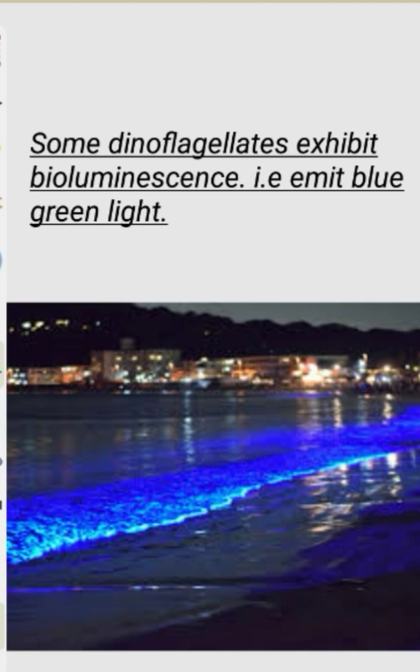We can look at the picture of how beautiful it looks at night. And why does it turn blue? Because when the waves are moving, it causes a disturbance to these dinoflagellates, which are present in huge numbers in these oceans. When they are disturbed by movement, the chemical reaction occurs and they start emitting light, which is a kind of defense mechanism for these dinoflagellates.